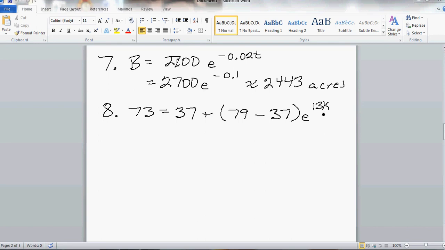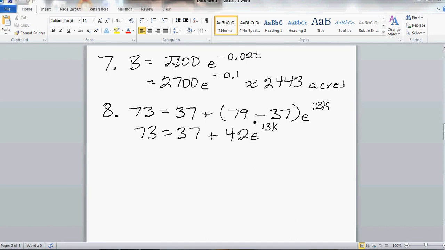Okay, so the first thing we have to do is find K here. So we will subtract 37 first off, and let's rewrite this: 37 plus 42 e to the 13k.